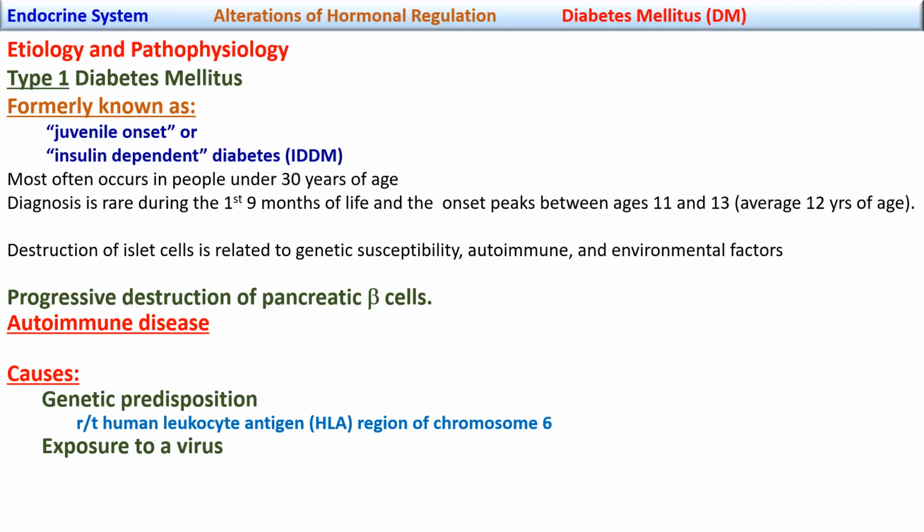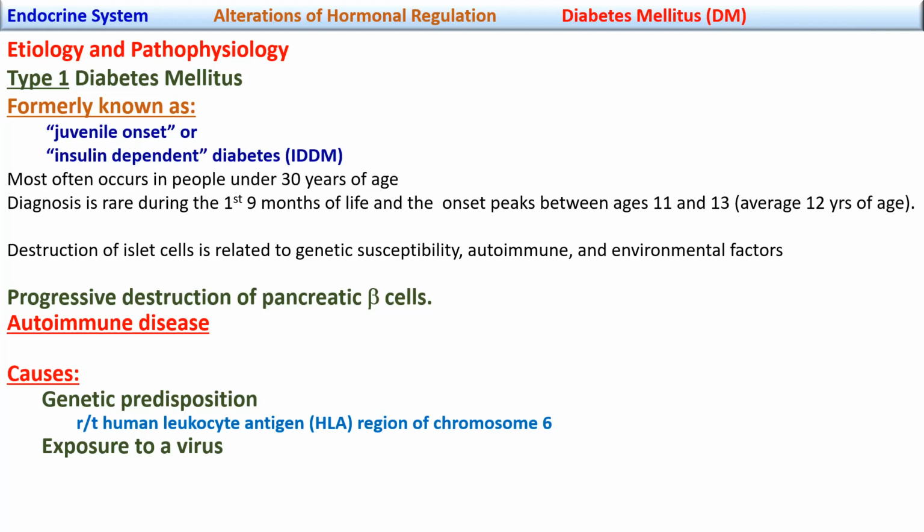It's believed to be an autoimmune disease in which autoantibodies cause a reduction of about 80 to 90% of normal beta cell function in the pancreas, and that occurs before any manifestations are actually present.